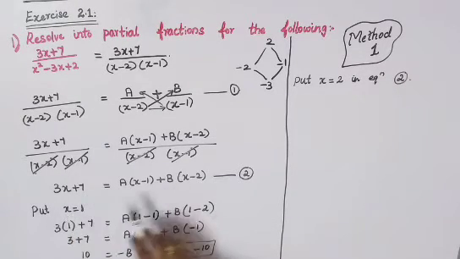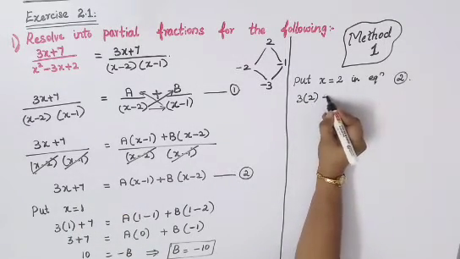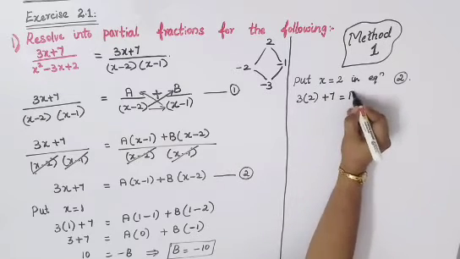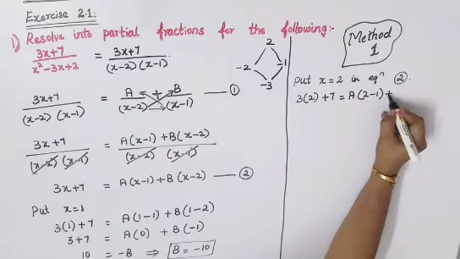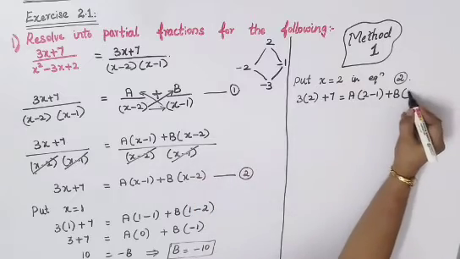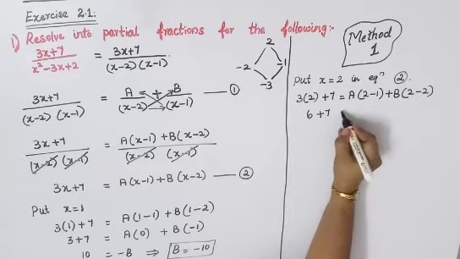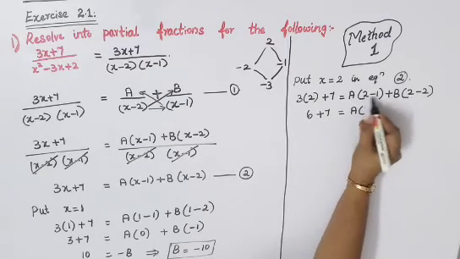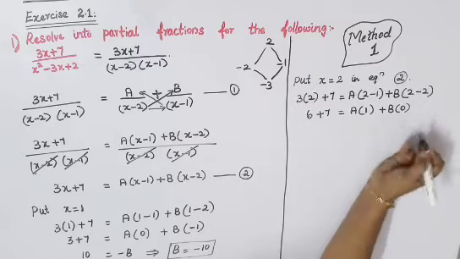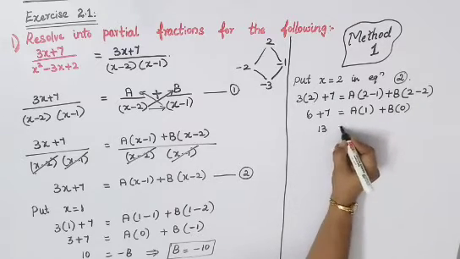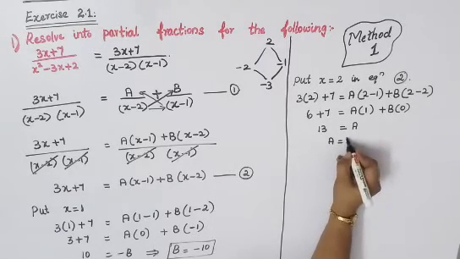Instead of x, substitute 2. So 3 into 2 plus 7 is equal to A into (2 − 1) plus B into (2 − 2). 3 twos are 6, plus 7, is equal to A into 1, plus B into 0. So 6 + 7 becomes 13, which is equal to A itself, since B's term becomes 0. Therefore A = 13.